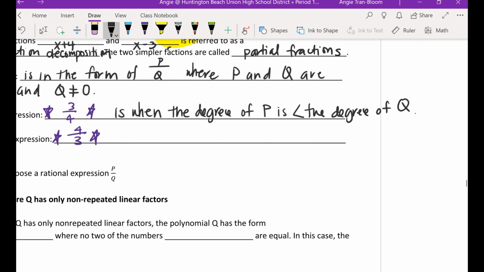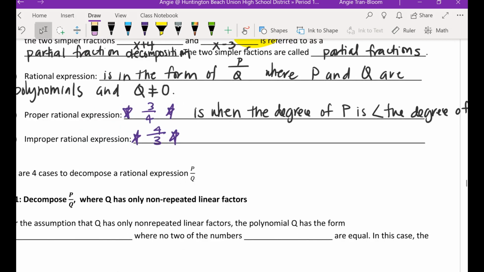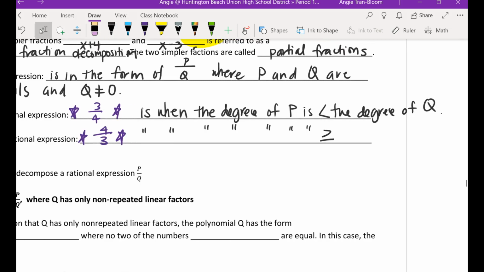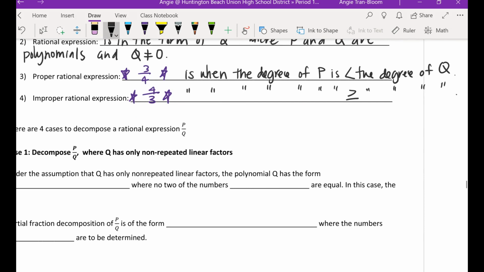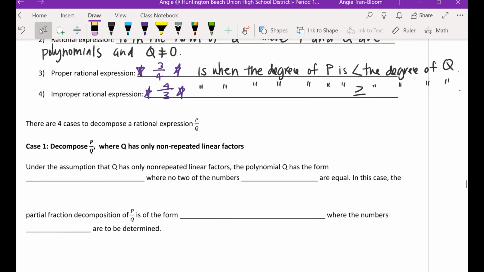Improper is when the degree of P is bigger than or equal to, by definition, the degree of Q. So that's proper and improper. Very similar to basic fractions.